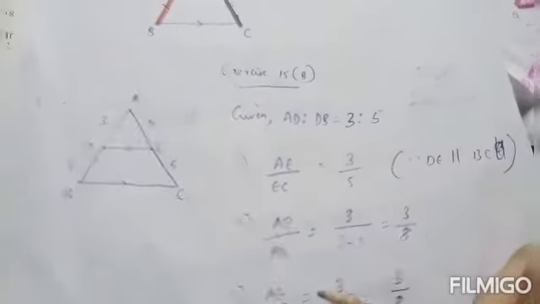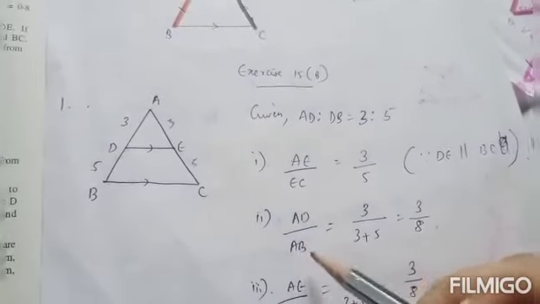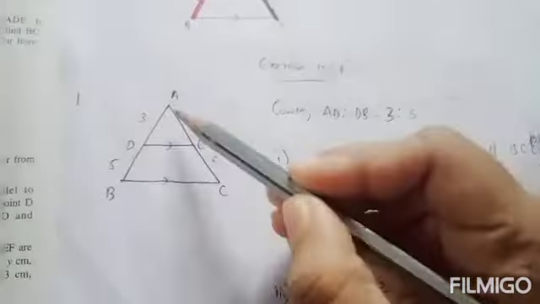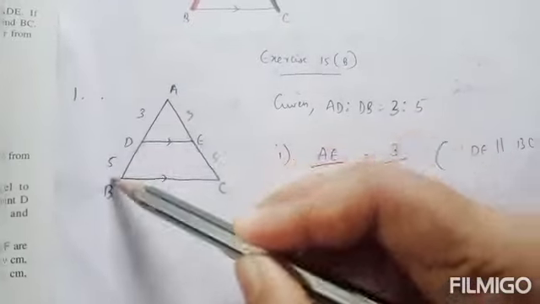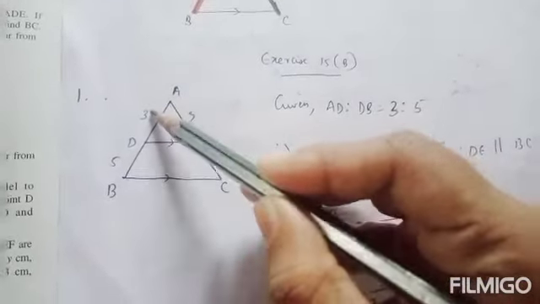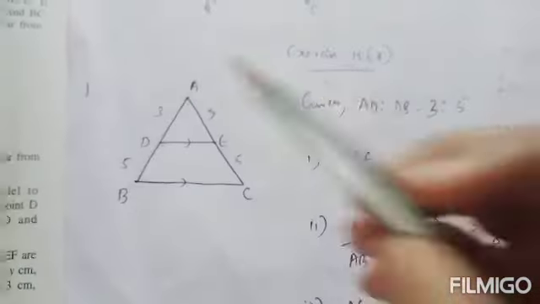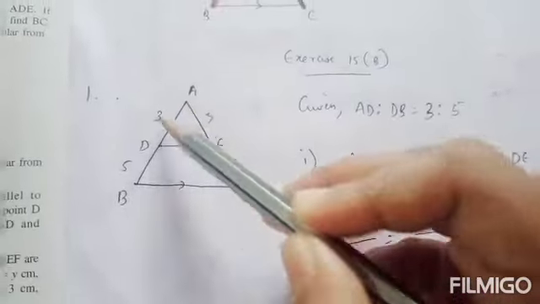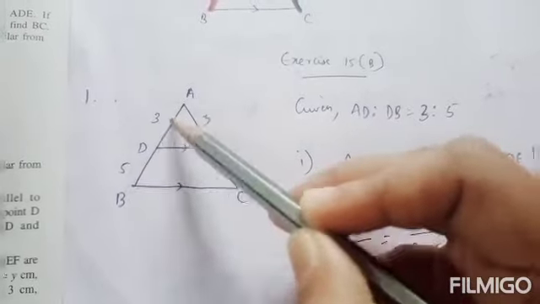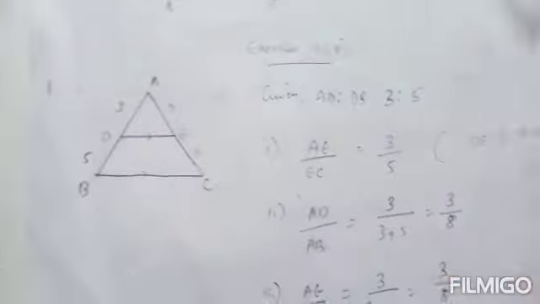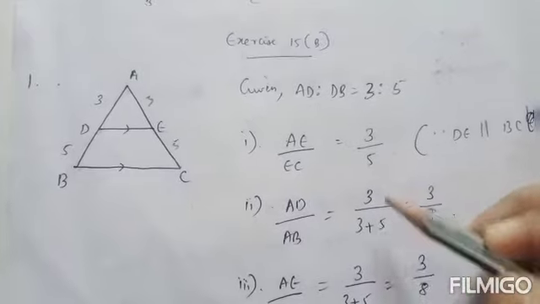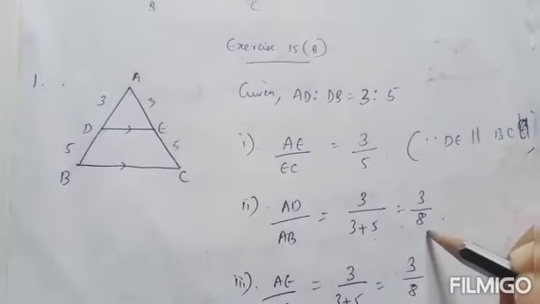Now the second question, AD by AB. AD is 3. What is AB? It is 3 plus 5. If you add 3 and 5, you get AB. So AD by AB is 3 by 3 plus 5, which is 3 by 8.